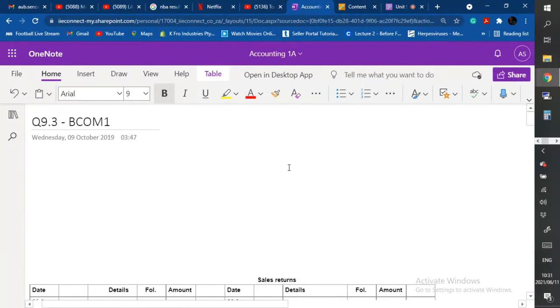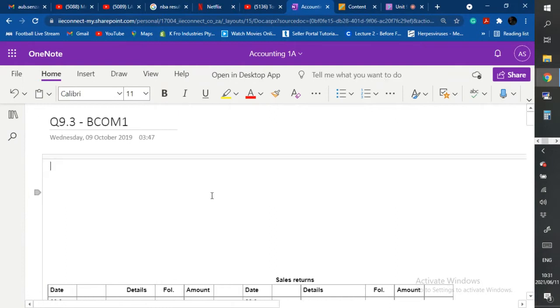We know the formula for profit is simply income minus expenses, okay? So then all we really need to do there is we know that we have to go to the nominal account section in the trial balance, okay? And we know that there we're going to find all our incomes and expenses, all right?